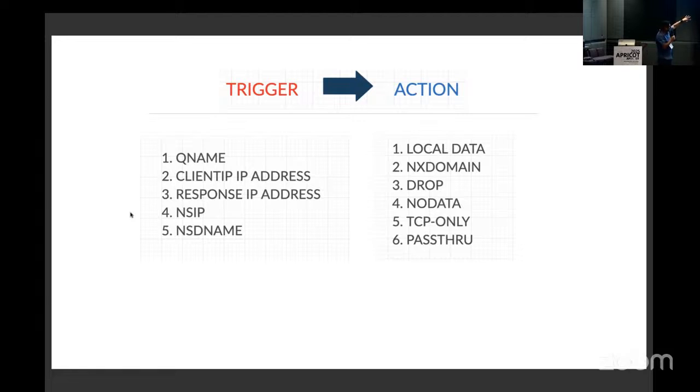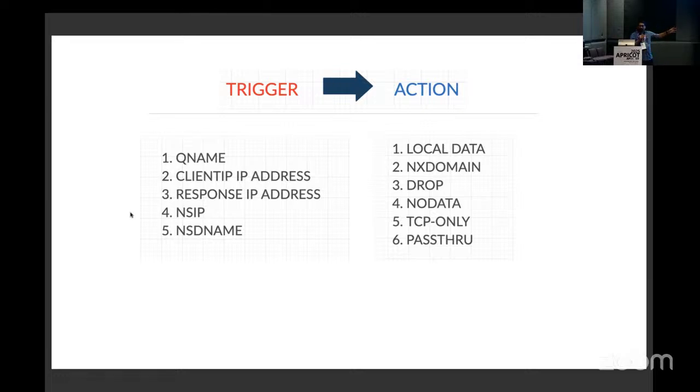I'll skip a few right now. I'll not go into detail, but I talked about NXDOMAIN. That is the lying that I talked about. I want my recursive resolver to lie to the endpoint saying this domain name does not exist. Then I can drop: the recursive resolver will not respond at all. It will drop the packet. It is not going to respond back with a response.